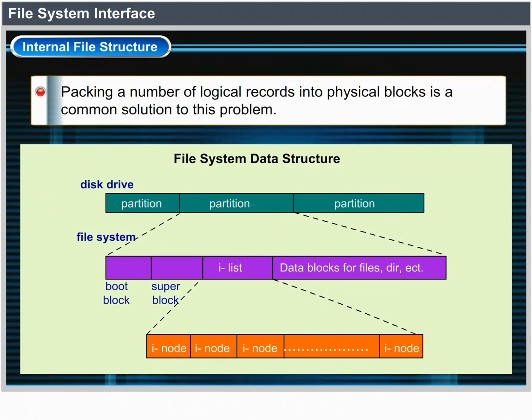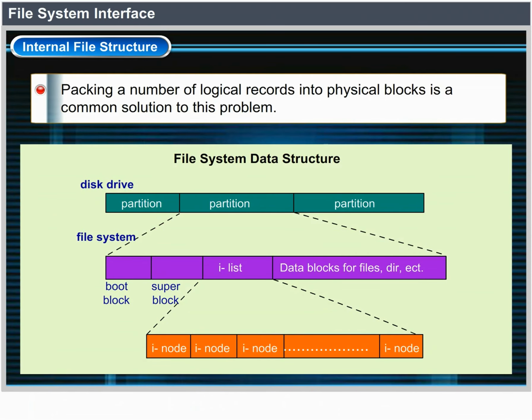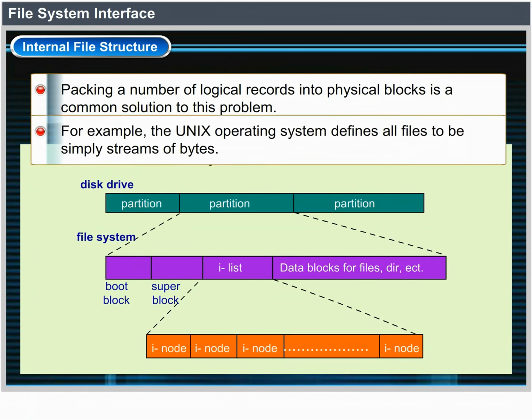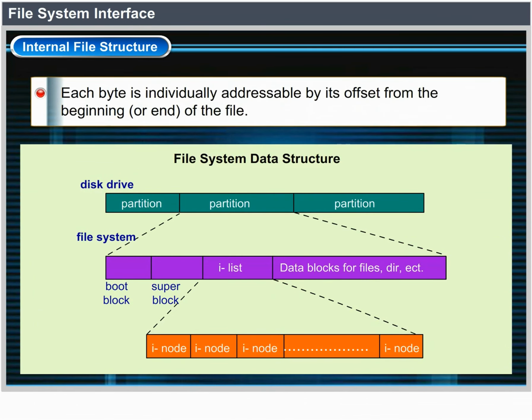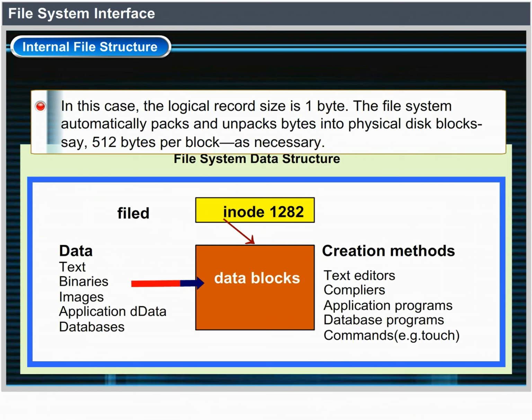For example, the Unix operating system defines all files to be simply streams of bytes. Each byte is individually addressable by its offset from the beginning or end of the file. In this case, the logical record size is 1 byte. The file system automatically packs and unpacks bytes into physical-size blocks, say 512 bytes per block, as necessary.